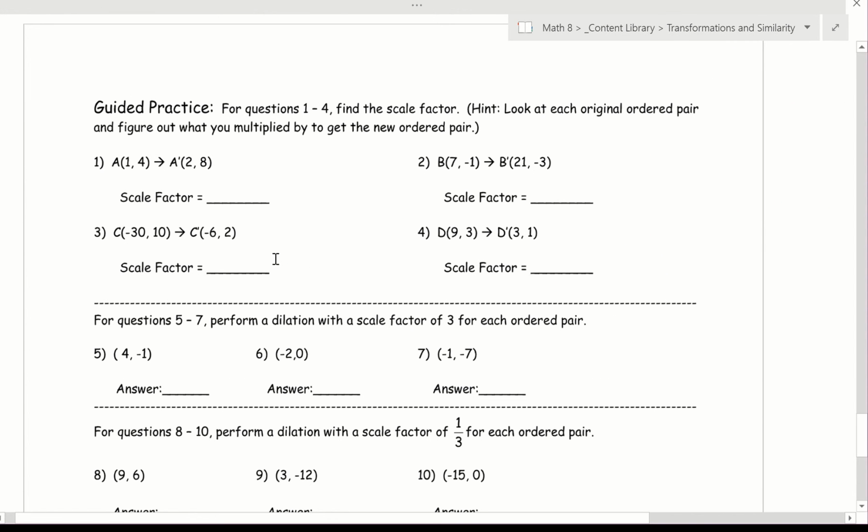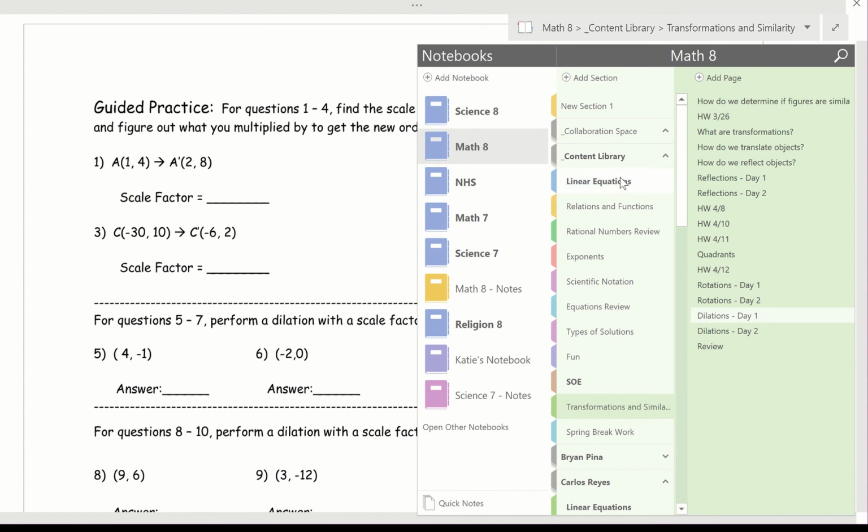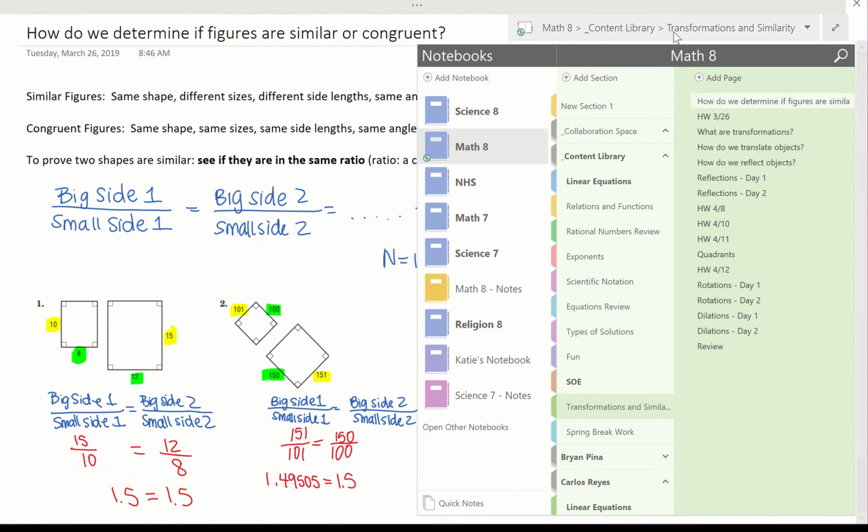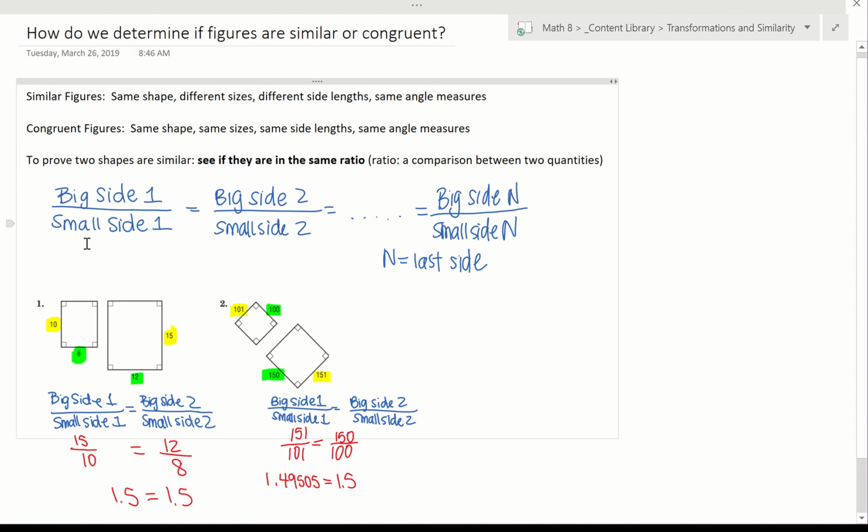So for questions 1 through 4, find the scale factor. So this is back when we did similarity. If we look back to our figures are similar, we found this scale factor by doing one side, the biggest side, over the small side, and if it was equal to another side over the small side, etc., then they were similar.